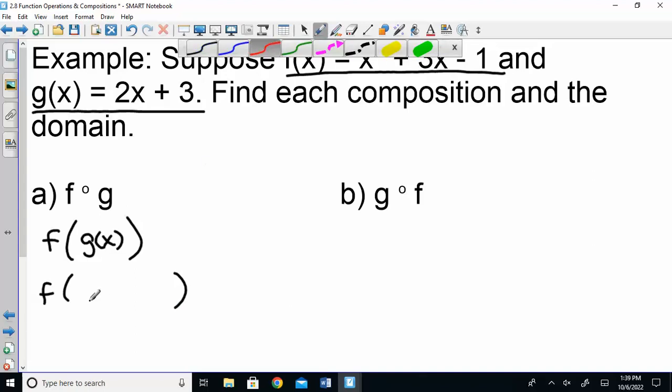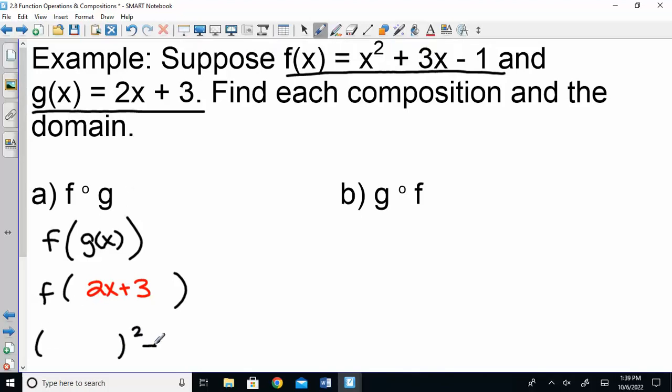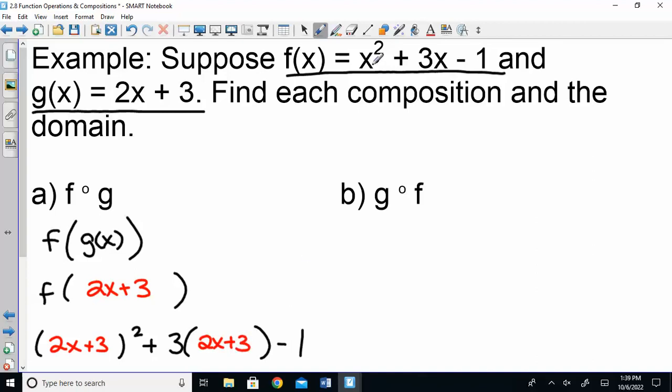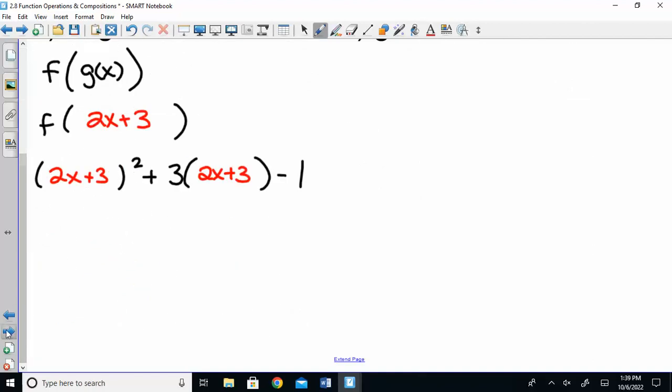What is g of x? I have to plug that into f. So f is something squared plus 3 times something minus 1. And I am replacing each of those with the 2x plus 3. So we're replacing each of those x's.